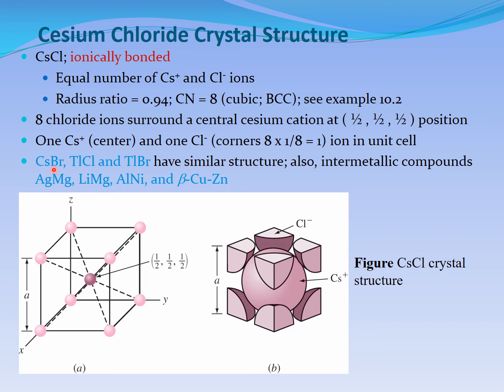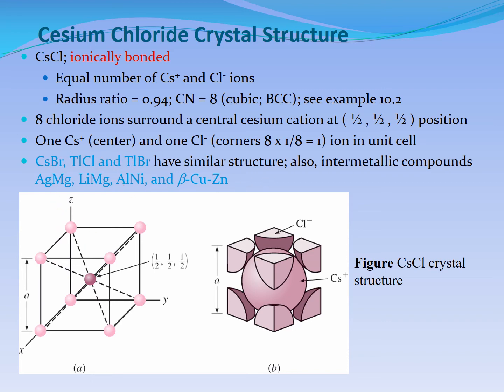And then cesium bromide, thallium chloride, thallium bromide, silver magnesium, lithium magnesium, aluminum nickel, and beta type copper zinc. These are all ceramics, and they all behave like the cesium chloride. So if you understand this structure, then any of these structures you can understand, right?